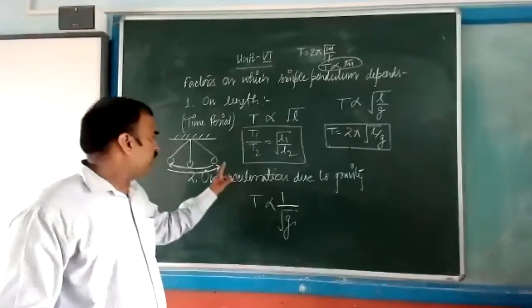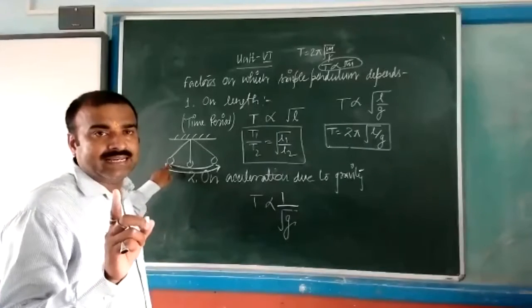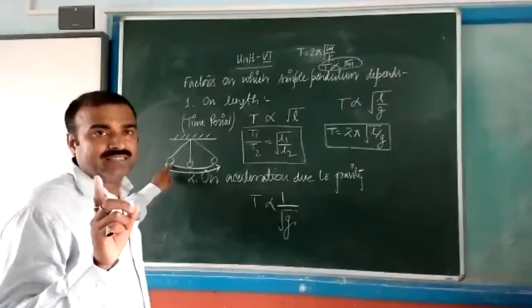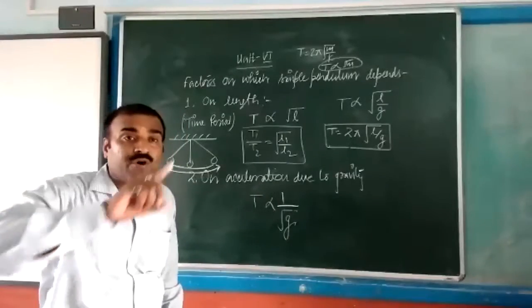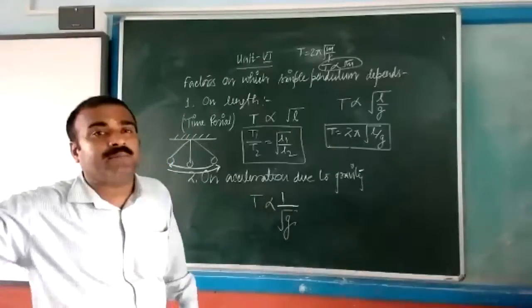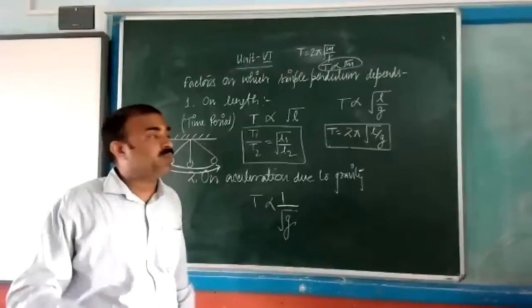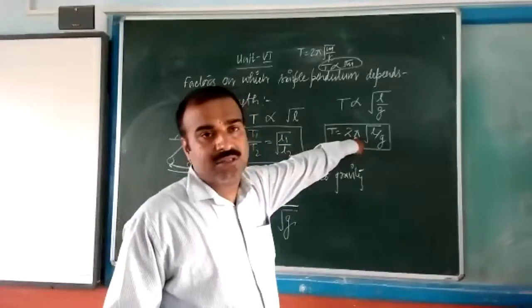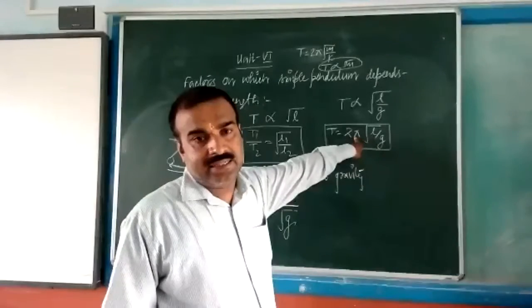According to mathematics, if one oscillation is completed, it is covering the angle of 2 pi. That's why we have to apply here the constant 2 pi. Clear?